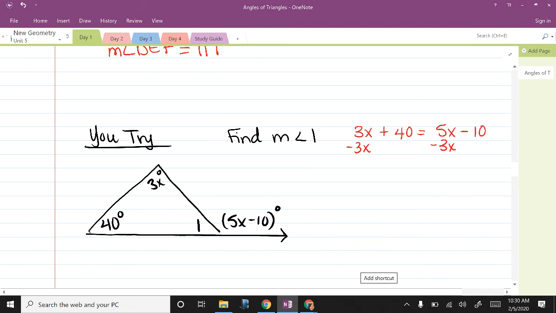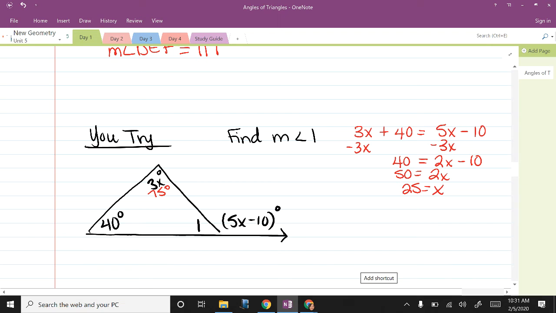And then 40 equals 2x minus 10. And then you add 10 to both sides, so 50 equals 2x. Divide by 2, and what did you get? 25 equals x. So that's easy to find this angle up here. 3 times x is what? 75 degrees. Did y'all get that?